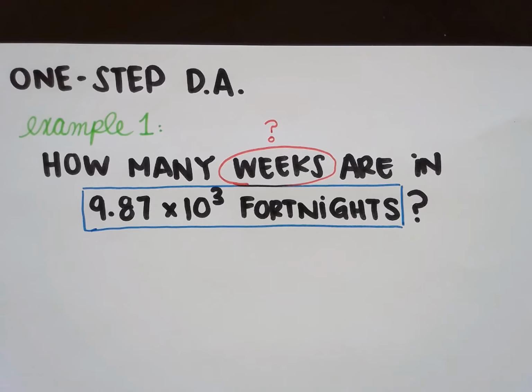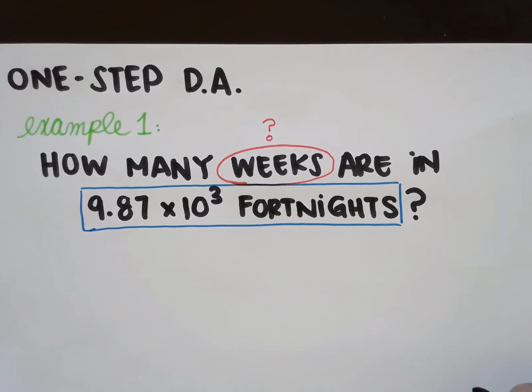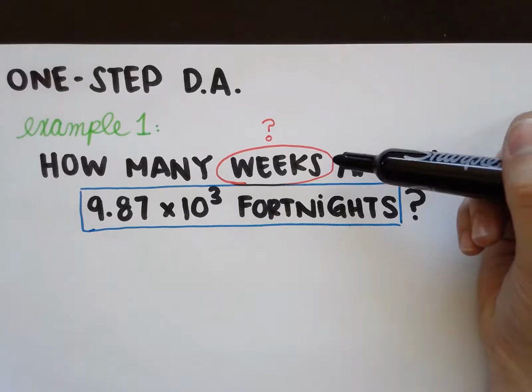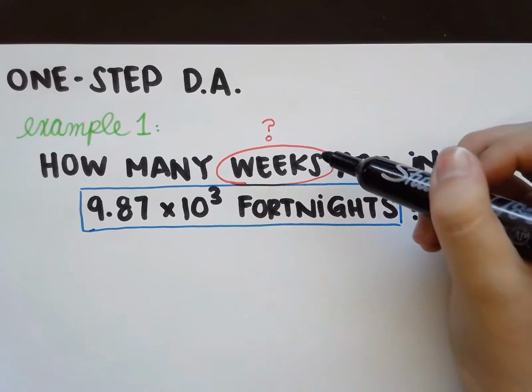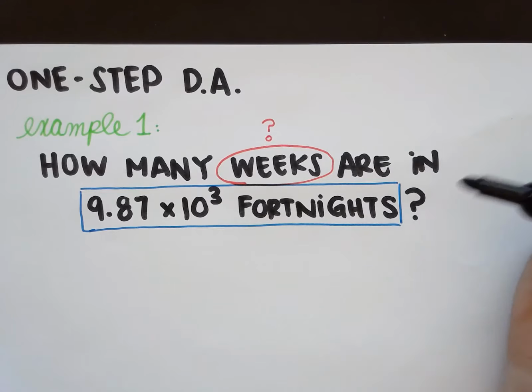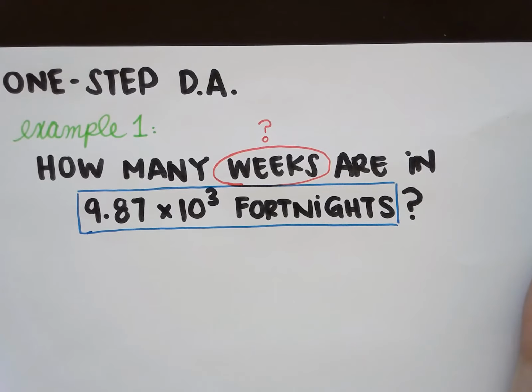With one-step dimensional analysis, we're going to apply math. We need to first figure out what's the equivalent relationship. So we have weeks, we want to go to fortnights. What's the equivalent relationship that will get me there?